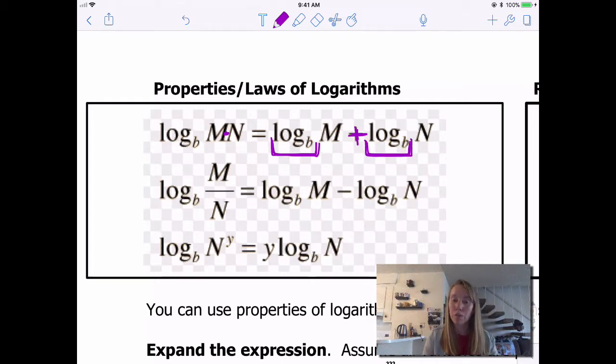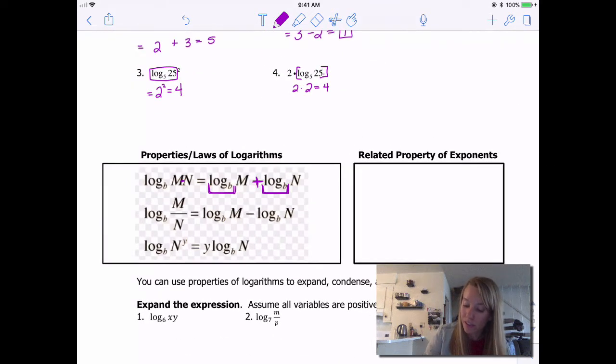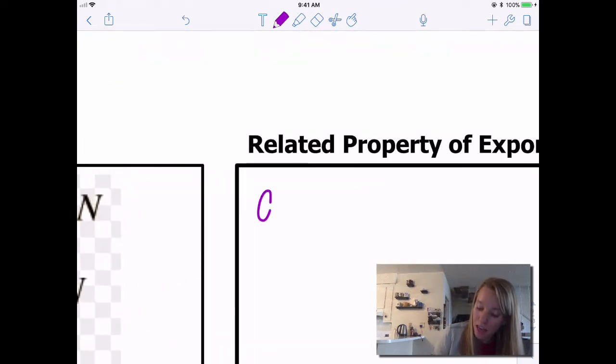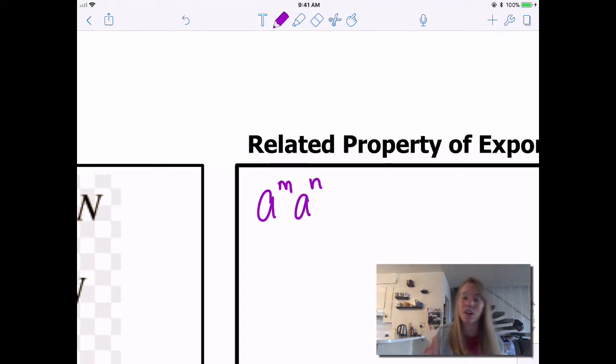A couple of things to notice. First, multiplying is matched with adding, and when I split it up, I have 2 logs instead of 1, one for each of those pieces, m and n. What this is related to is if I have a to the m times a to the n, the same base in different powers, what I do with those powers is add them together.